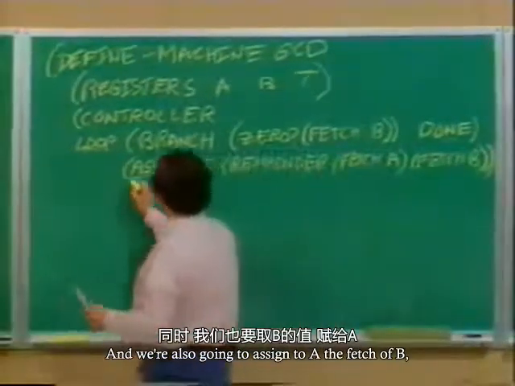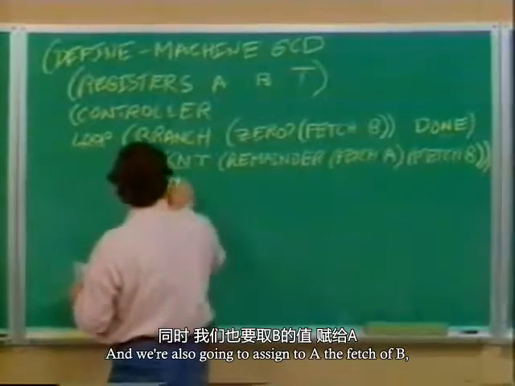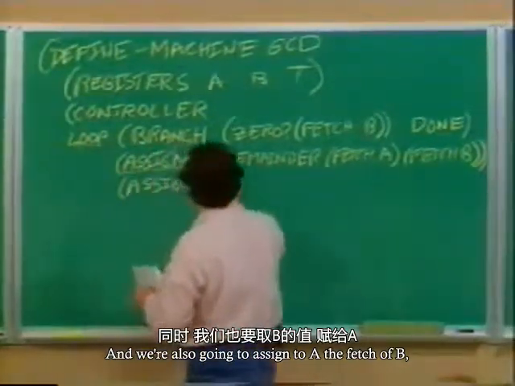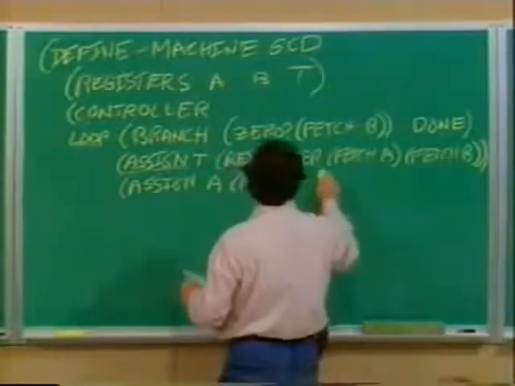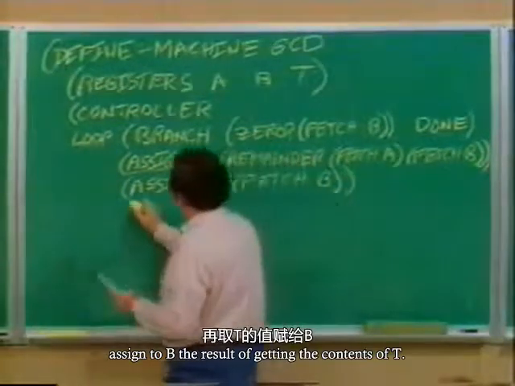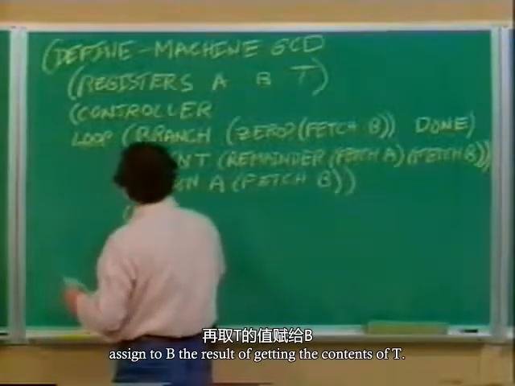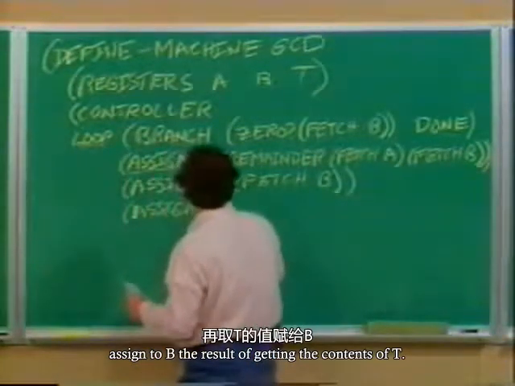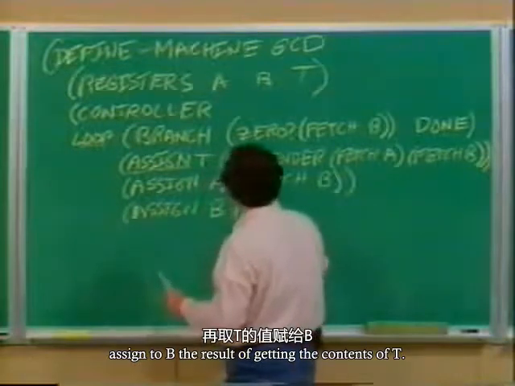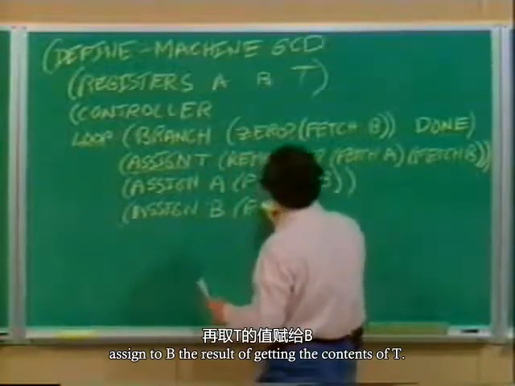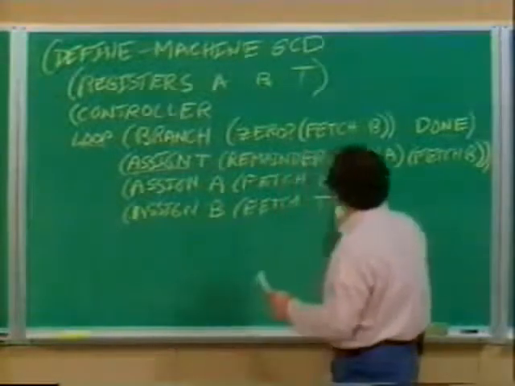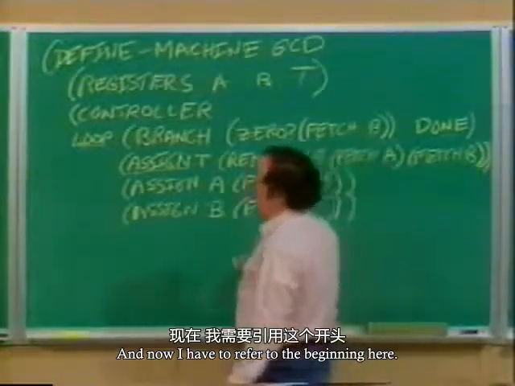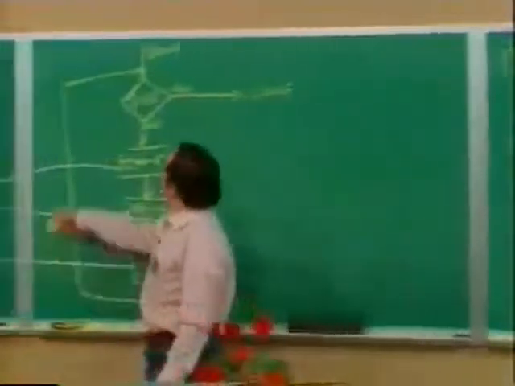Okay, we're also going to assign to A the fetch of B, assign to B the result of getting the contents of T, and now I have to refer to the beginning here.